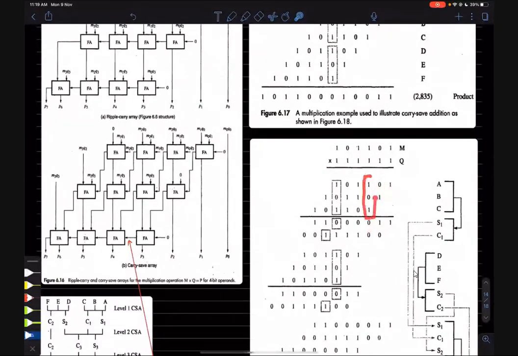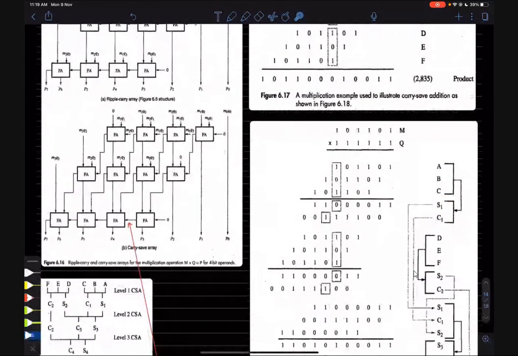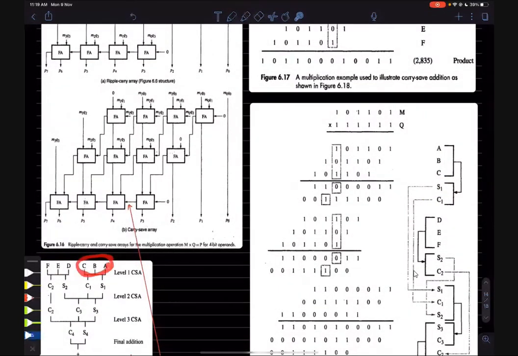The sum will be written here. So the sum of these 3 bits will be written here, and whatever carry is generated, you write it here. Done. Very simple. S1 C1 is over. So from A B C addition, C1 S1 is done.